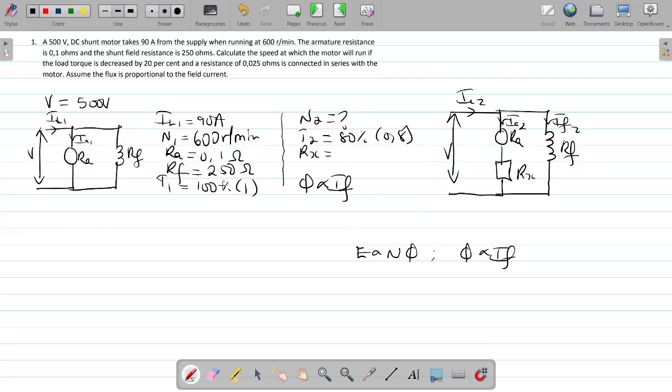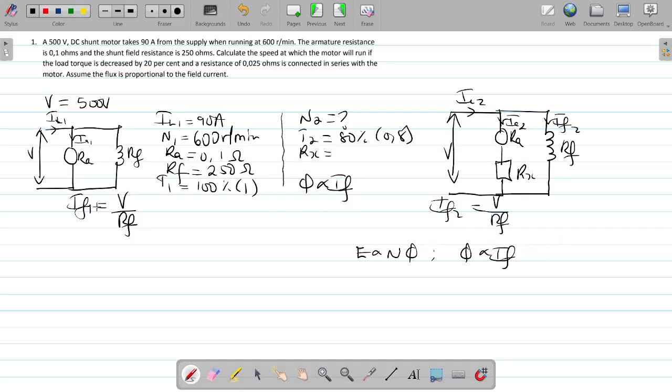Flux is proportional to the field. In this case, you can deal with a couple of things quickly. Already, you can see the circuit for field is not affected at all, even though we are going to need to find our field current. Technically your IF1, where you will say V over RF, will be the same as the one for the second circuit, V over RF, your IF2.